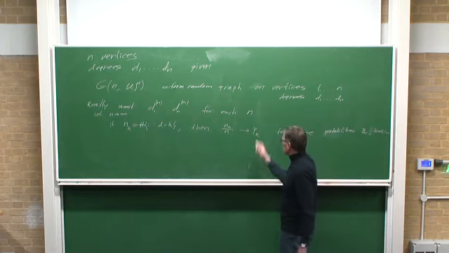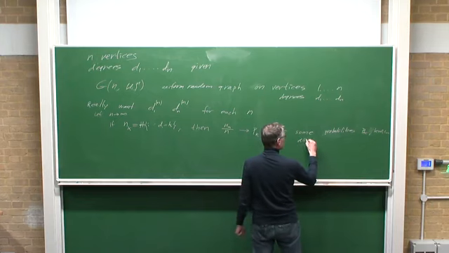So this will be the asymptotic degree distribution.